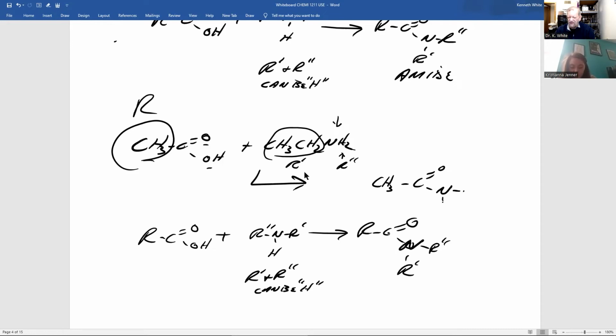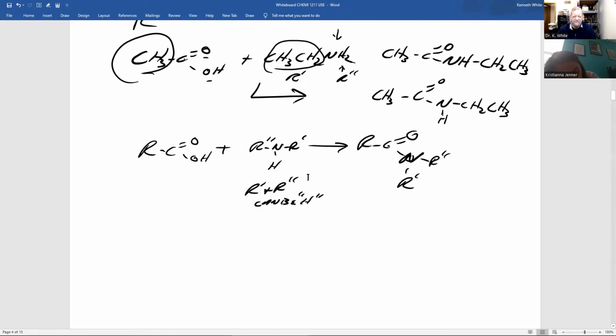Down here, over here, you put the ethyl. Either one would be correct, and then R double prime hydrogen. Now you could also write it like this. And these are both the same. And that's how you make an amide.